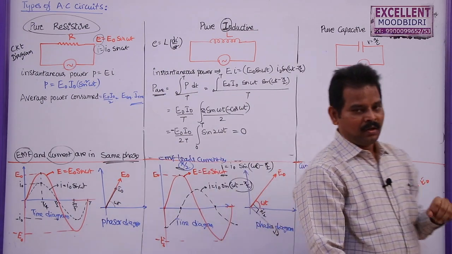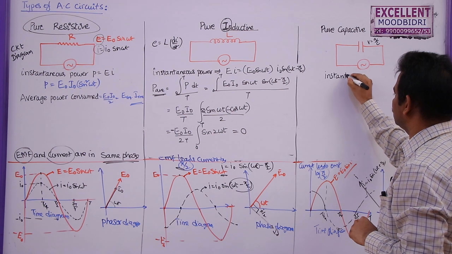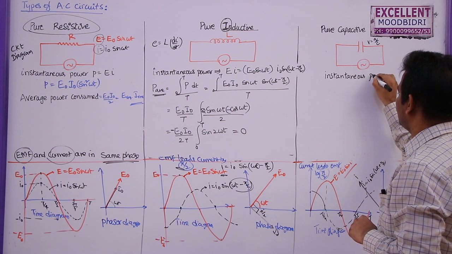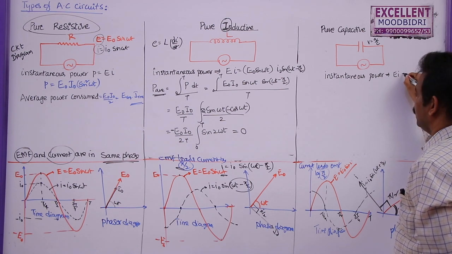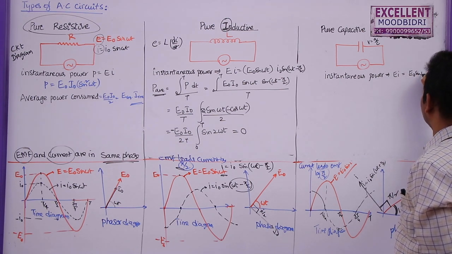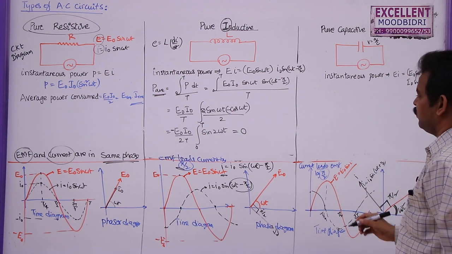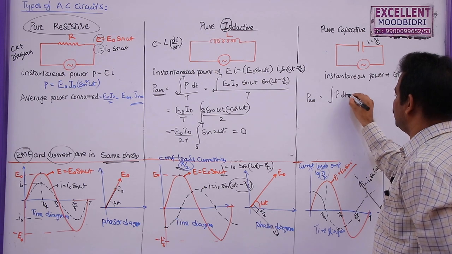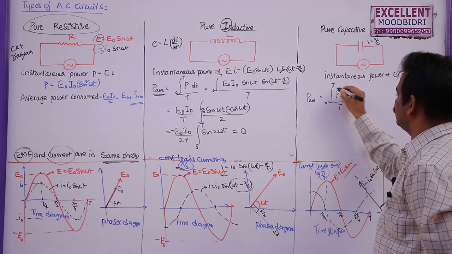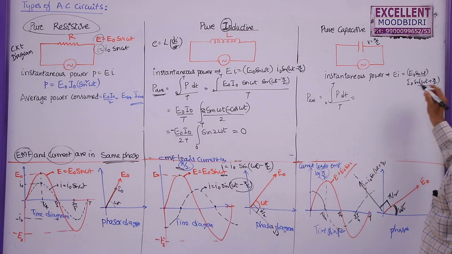Similarly, if you come here for a pure capacitive circuit, what is the instantaneous power consumed at any given interval of time? This is EI, which is given by E naught sine omega t into I naught sine omega t plus pi by 2. Now the average power consumed in this case is given by integral P dt by T from 0 to T, and if you substitute these values, once again this is sine omega t, this is cos omega t.